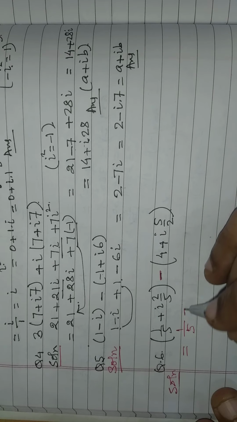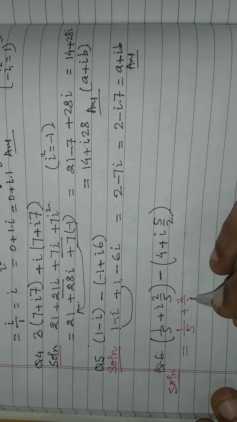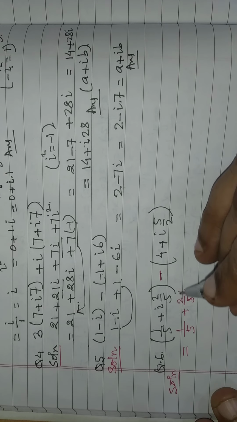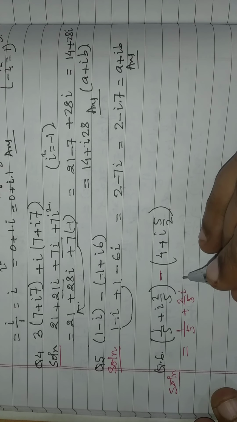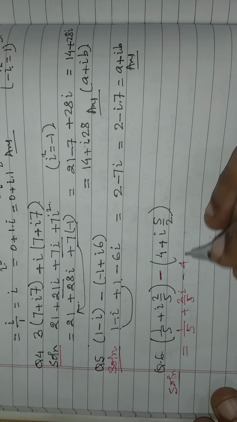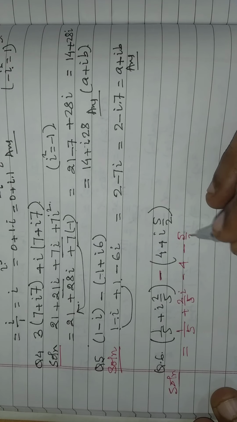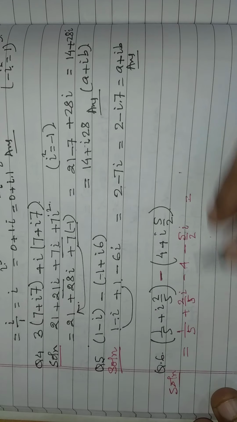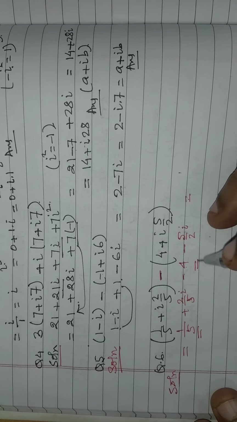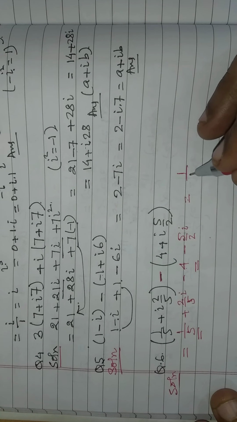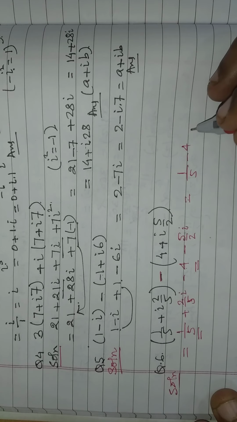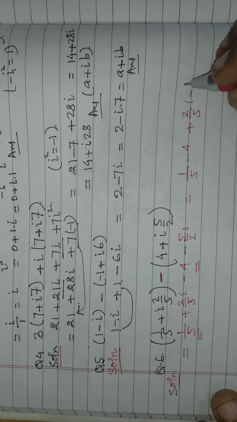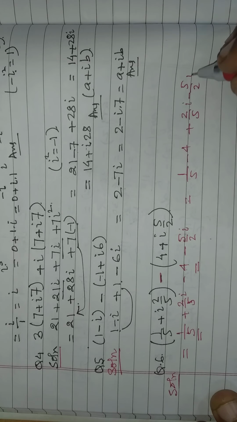1 by 5 plus 2 by 5 i. I am habituated with multiplying by i, that is why I am writing minus 4, and then 5 by 2 i. Then we will write the real terms together. So this is real terms: 1 by 5 minus 4, and then 2 by 5 i minus 5 by 2 i.